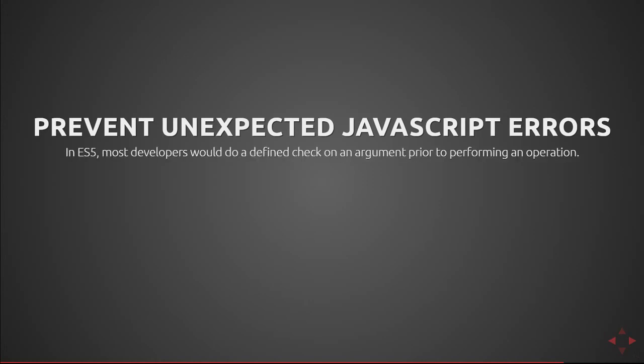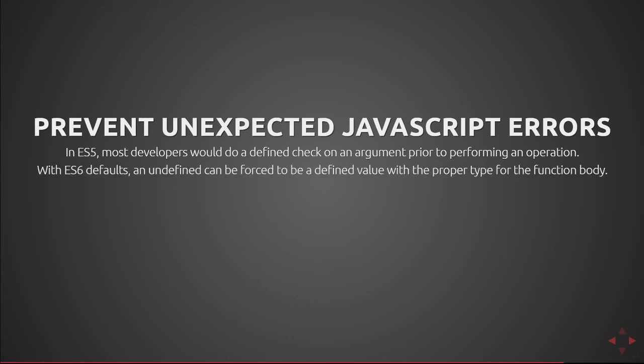In ES5, most developers would do a defined check on an argument prior to performing an operation. With ES6 defaults, an undefined can be forced to be a defined value with a proper type for the function body. So you can see here, the ES5 way, I have return string or an empty string .toUpperCase. How that or is evaluated is if string is defined, it uses that value to then pass to toUpperCase.